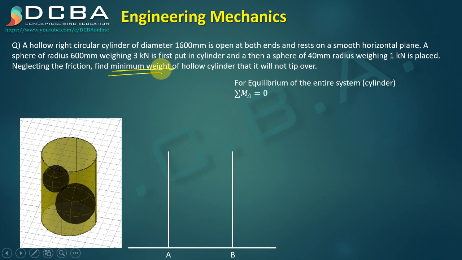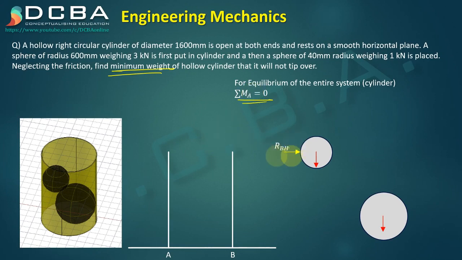We have to do the summation of moment at A equals to 0. But before that, we also need to understand how much force is being put by these spheres on the cylinder. So that we will find using our normal procedure, that is, this is the reaction given by the vertical wall of the cylinder.